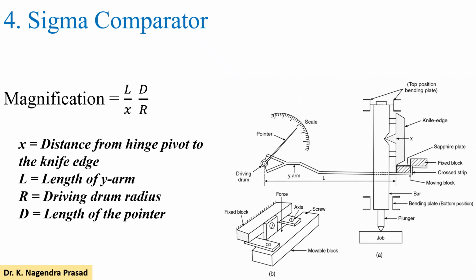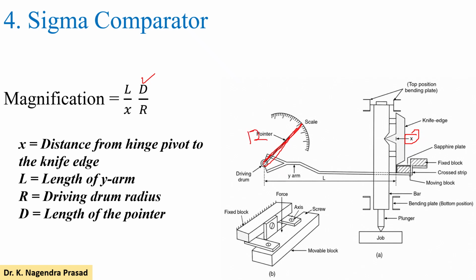So let's see the magnification of the sigma comparator. The magnification depends on the capital L, the length of the Y arm, and also on X, the distance from the hinge pivot to the knife edge, and also on the capital D, the length of the pointer, and capital R, the drum radius.